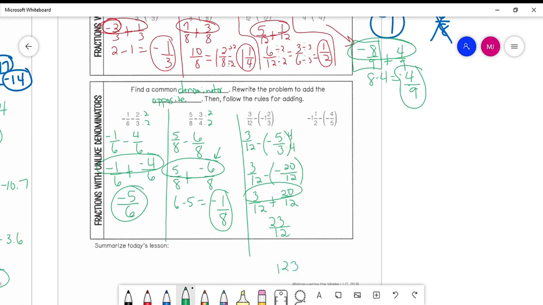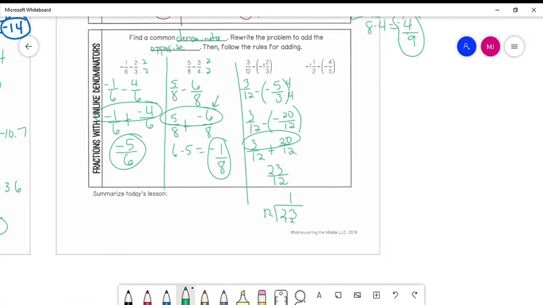So 12 goes into 23 one time. There'd be 11 left. The denominator is still 12. So for a mixed number, 1 and 11/12. Our signs were positive right here, so it's a positive answer.